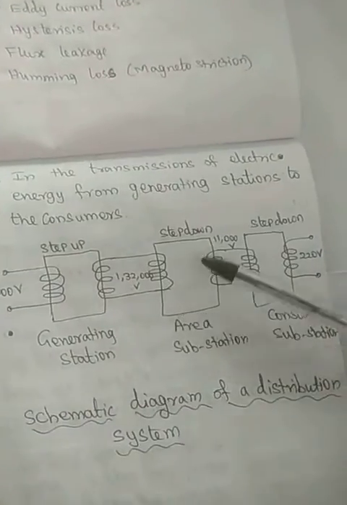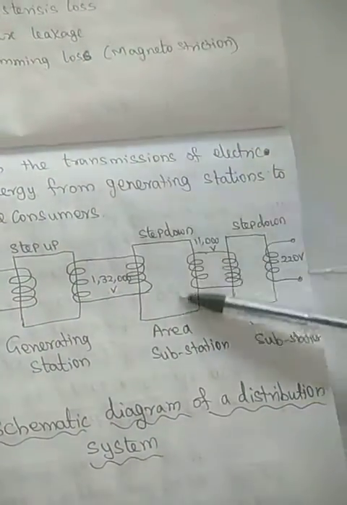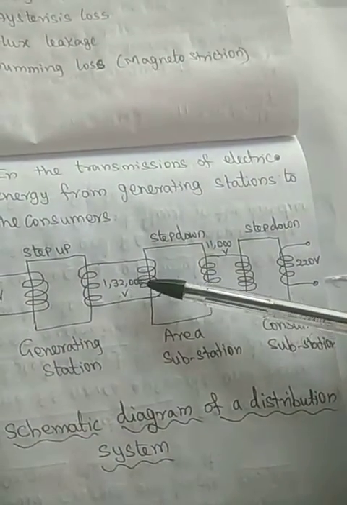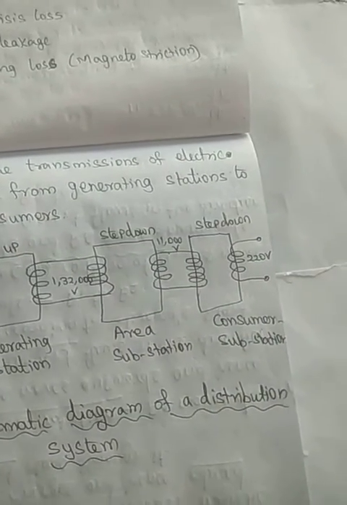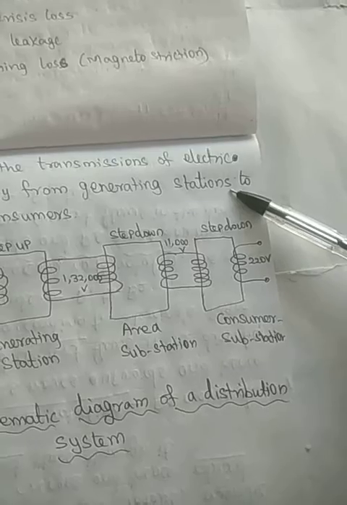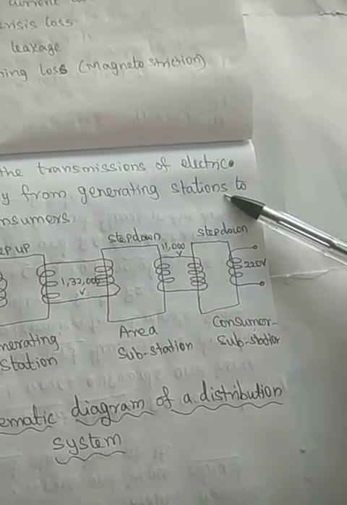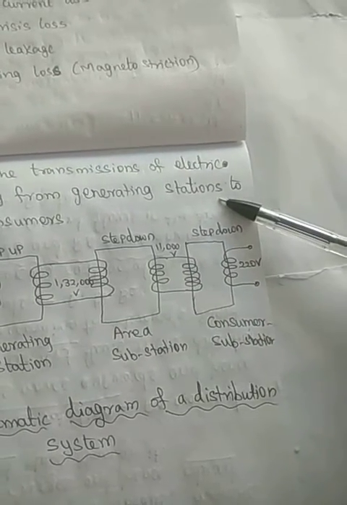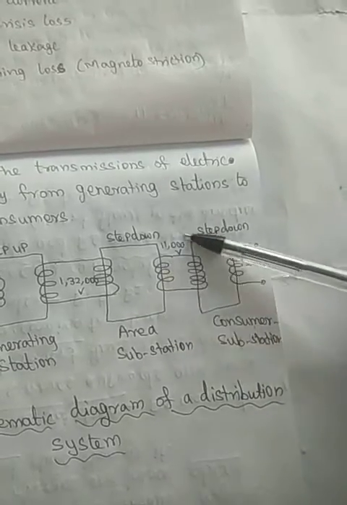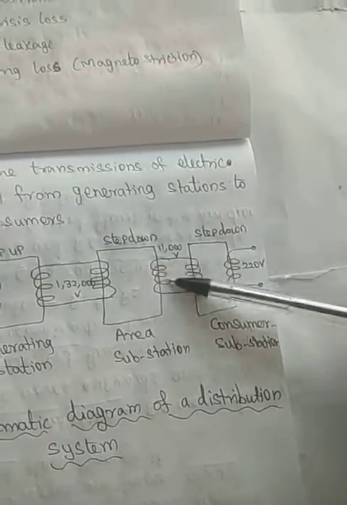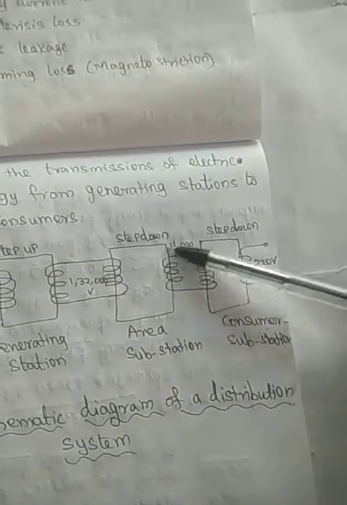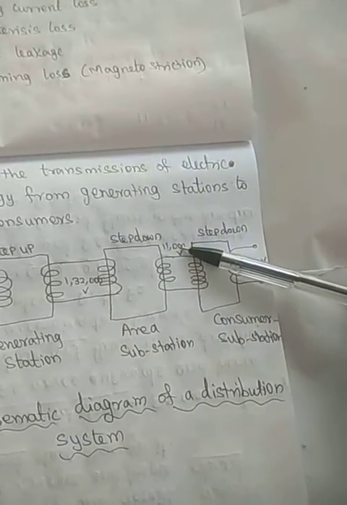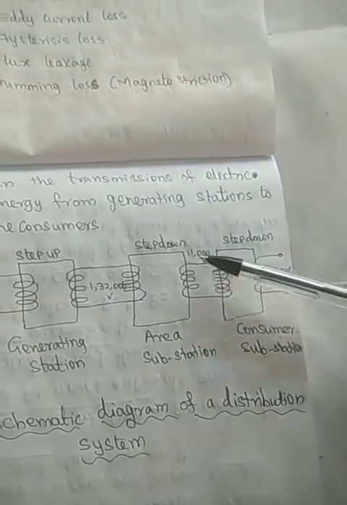In that substation, how much voltage will be stepped down? From 1,32,000 volts it will be stepped down to 11,000 volts. You can see on most transformers that 11 kilowatt is given, because kilo means 1000, that is 11,000 watt into current. Whenever you see any transformer, please note these things.